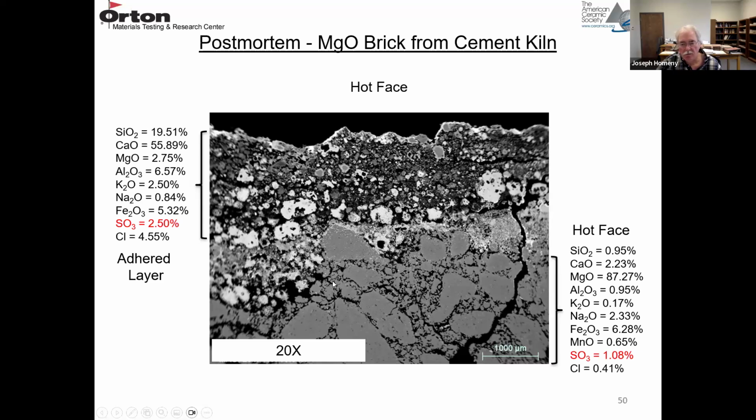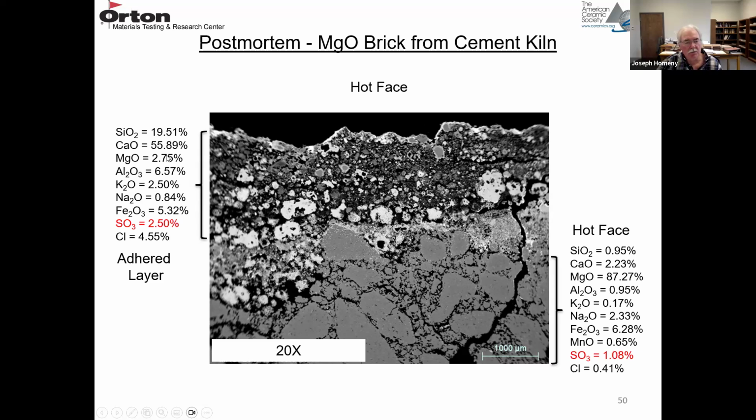So the MgO refractory brick is, again, this one's about 87% MgO, and the iron is about 6% here. There's a little bit of SiO2 and CaO being picked up here, plus the SO3 is also present. And then this clinker layer, it should be a calcium silicate material, so it's about 56% CaO and almost 20% SiO2.